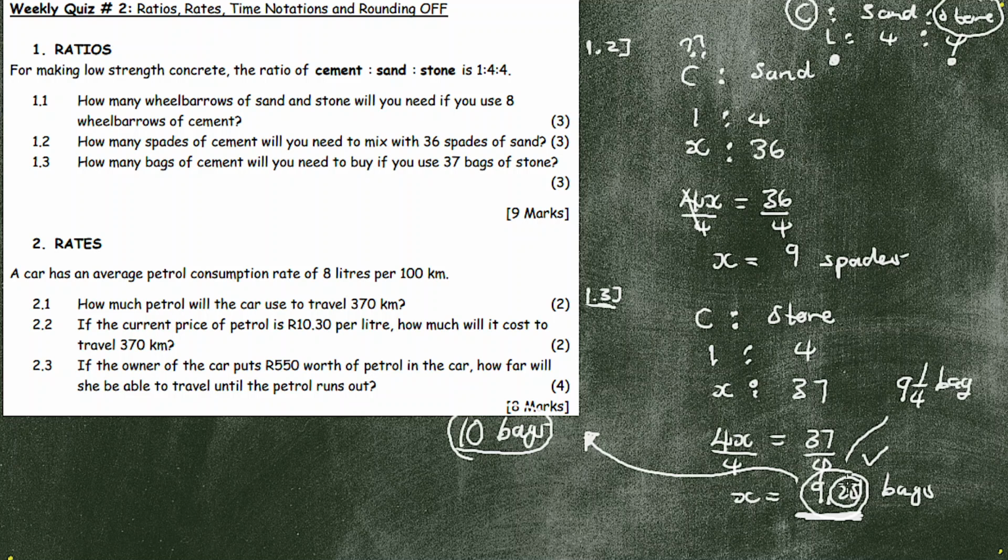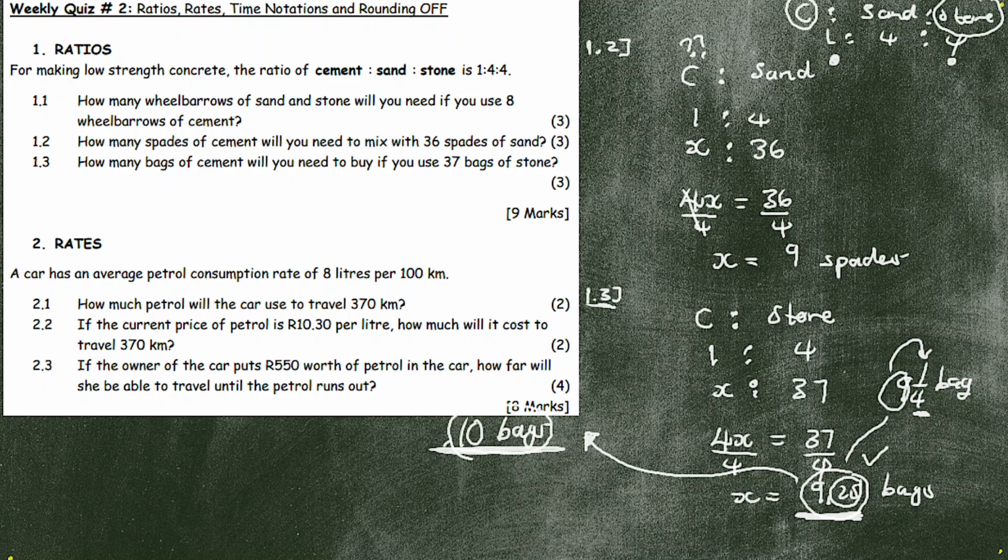I cannot get a quarter of a bag at a shop, right? But I can only get what? One full bag. So 9 plus another full bag to accommodate what? The quarter of the bag. So I need 10 bags.